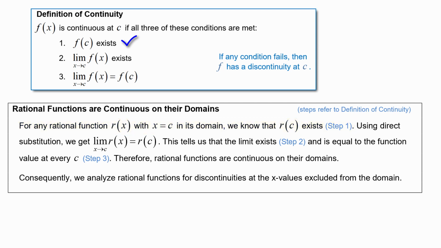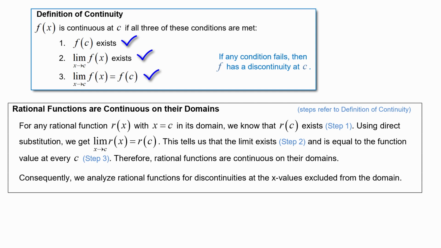Using direct substitution, we get that the limit as x approaches c of r of x is equal to r of c. Now remember, every r of c where c is in the domain exists. So this tells us that the limit exists, which satisfies step 2, and is equal to the function value at every c, which satisfies step 3.